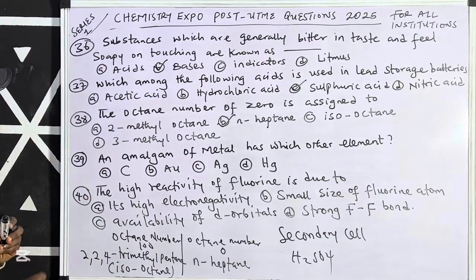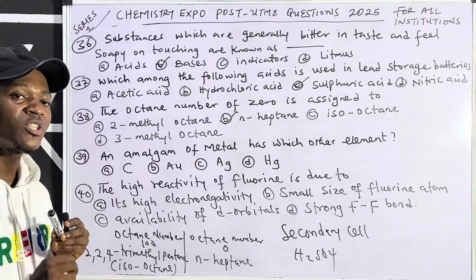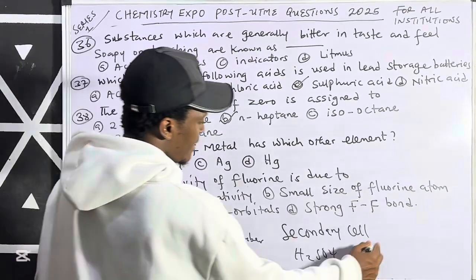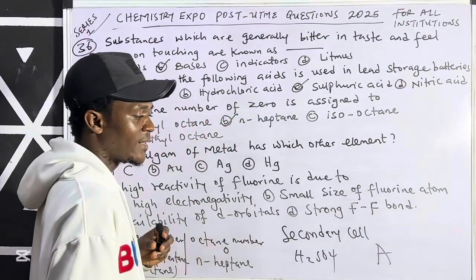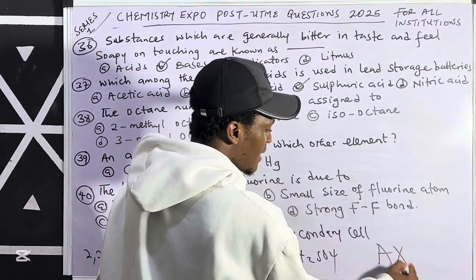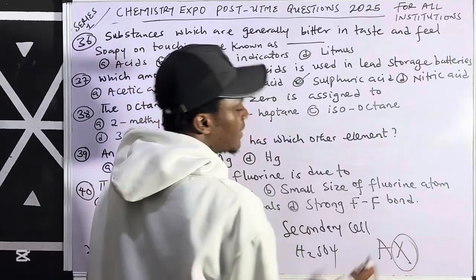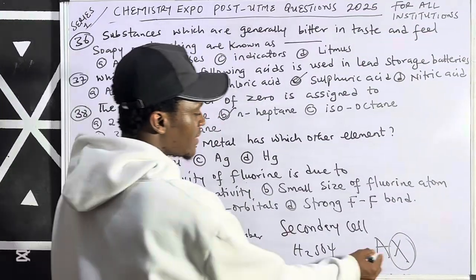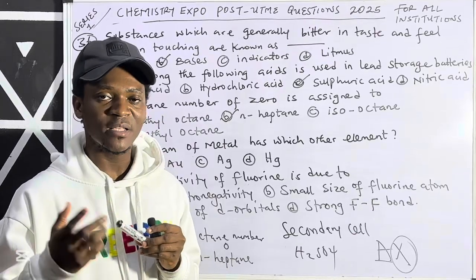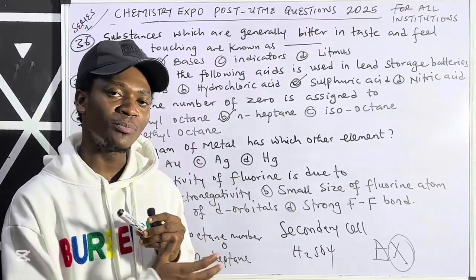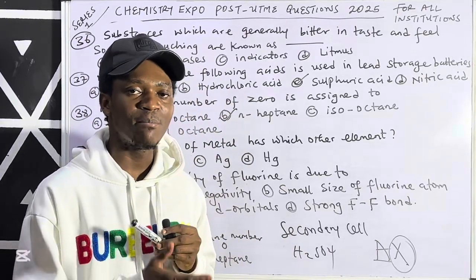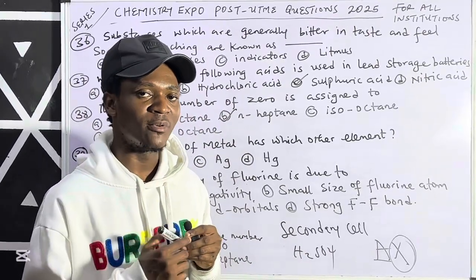An amalgam of a metal has which other element? Let's say A is a metal, and then an amalgamated form of A is written as AX. They are asking what X should be, because A is a metal and it has combined with X to form an amalgamated form of A. Of course, what can amalgamate a metal is mercury.